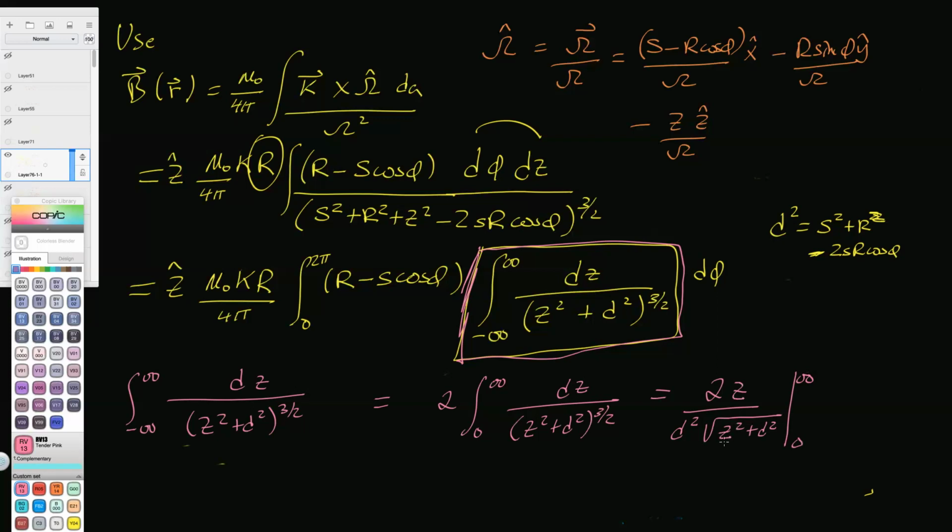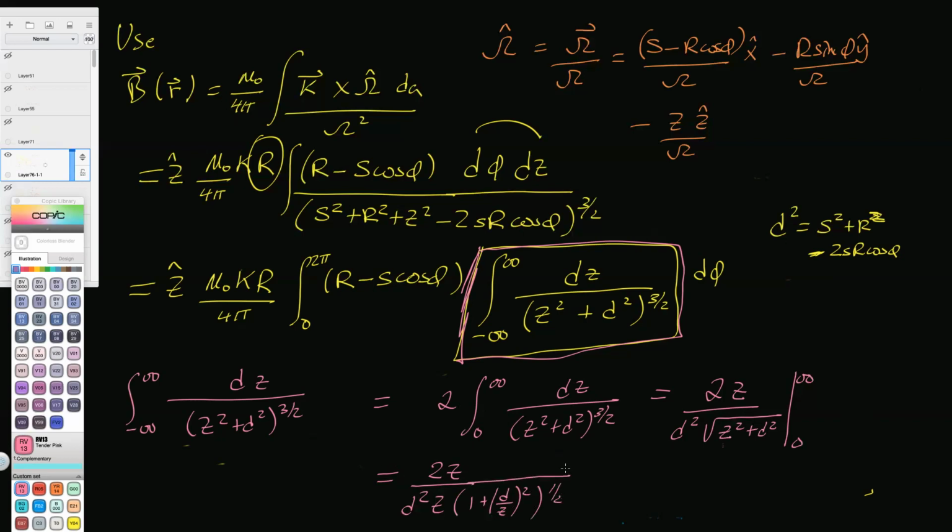So we're just going to pull out this z squared. I know that the 0 limit gives me 0, so I'm just going to leave it off. So we get 2z over d squared times z times the square root of 1 plus d squared over z squared.